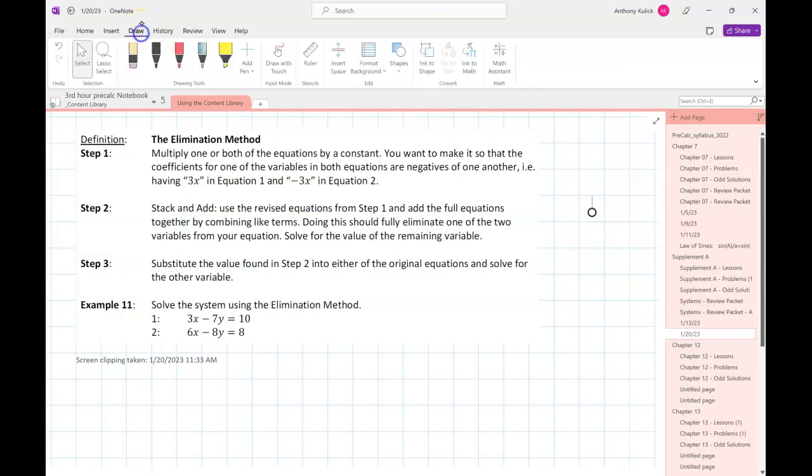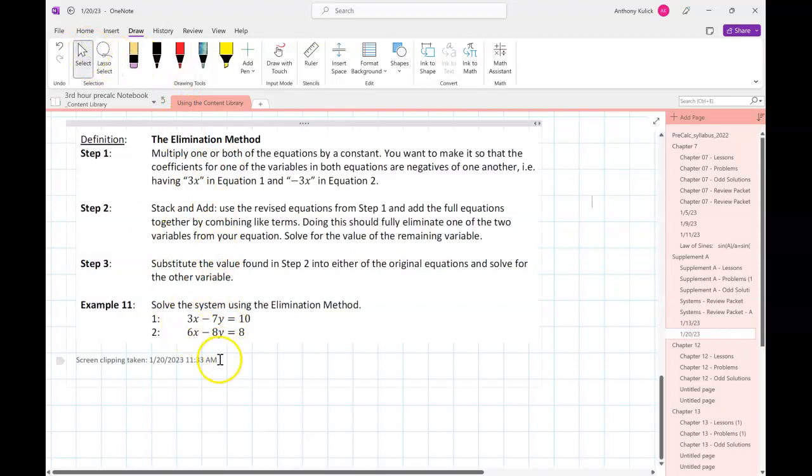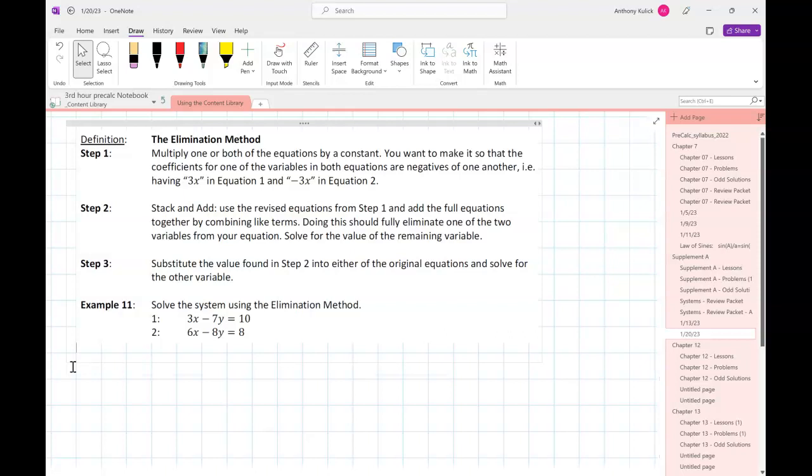So let's take a look at this example 11. Equation 1 is 3x minus 7y equals 10. And equation 2 is 6x minus 8y is equal to 8. Again, it doesn't matter which variable we try to eliminate first, x or y.